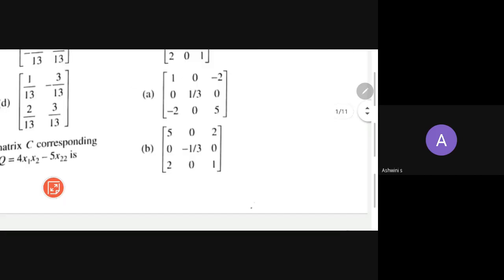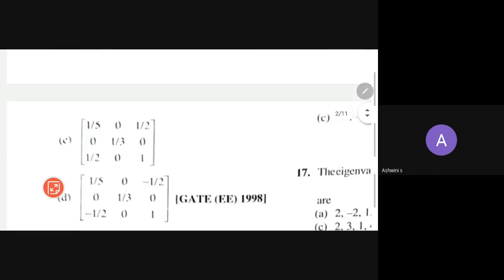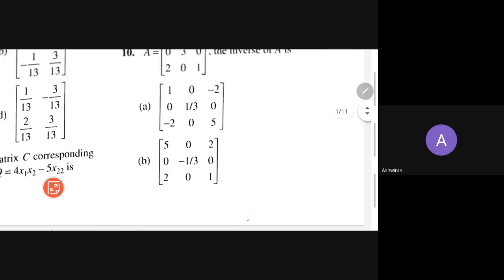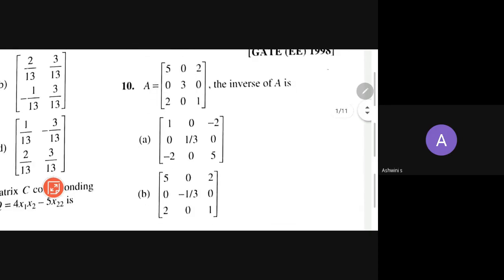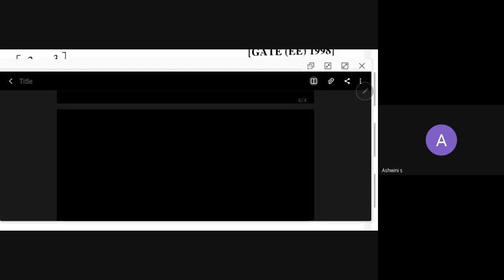Are you getting my point? So if you come again, see here, you have A. You have 4 choices, A, B, C, D. Now what I am saying is that you just multiply capital A with the matrix in choice A. I will tell you, see.